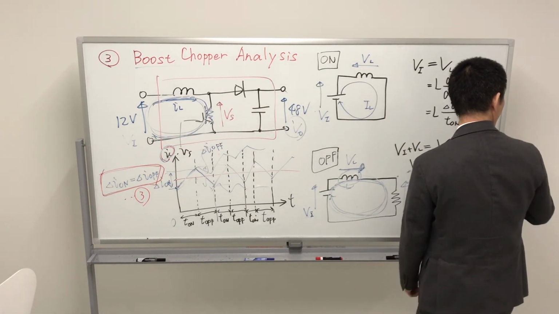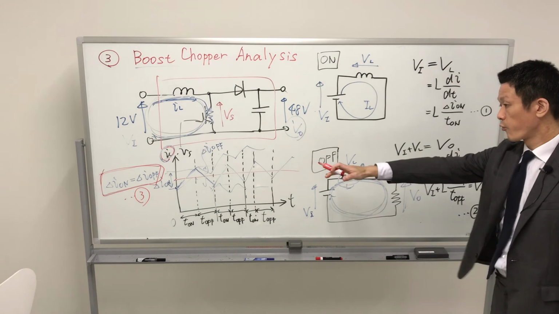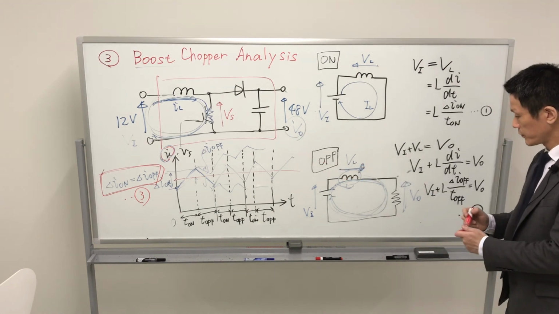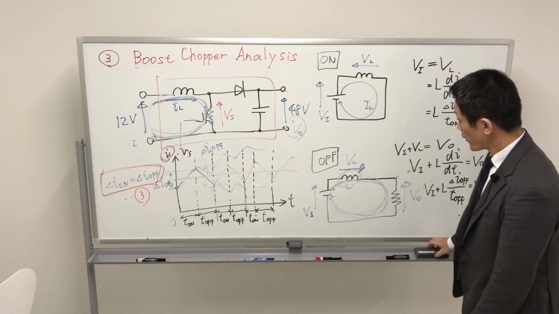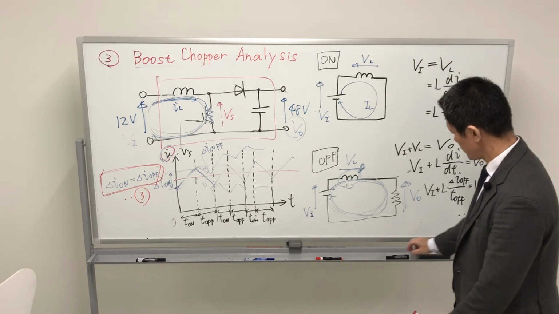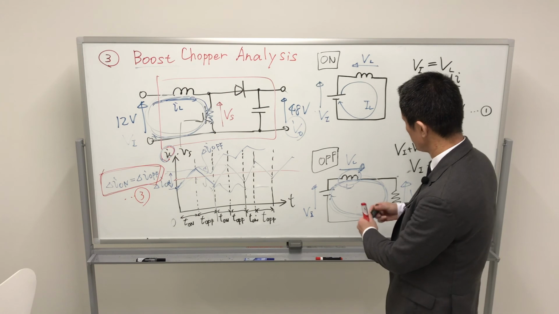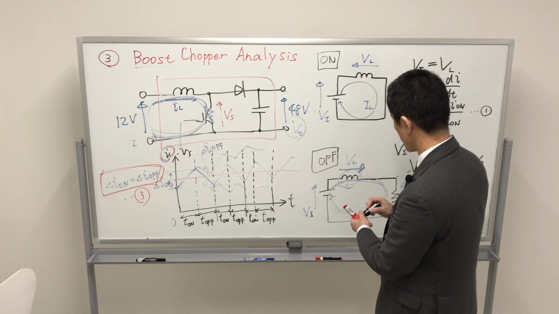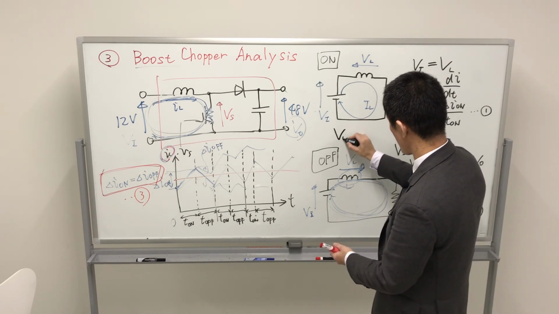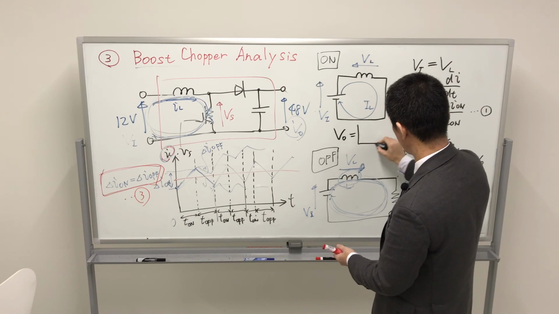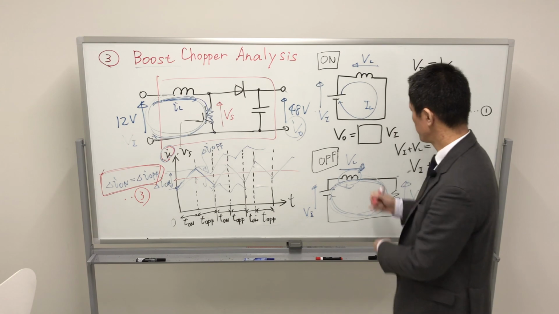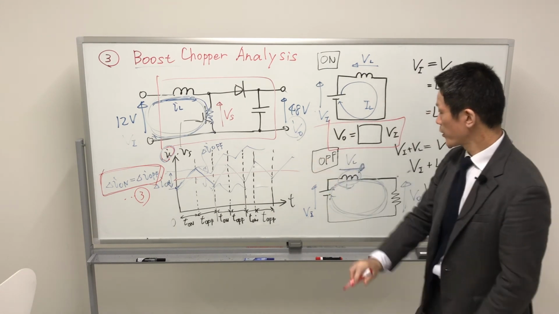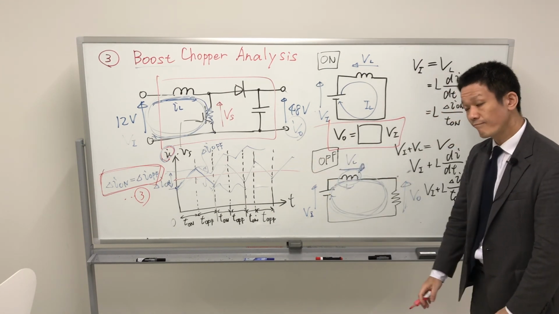Using the equations 1, 2, 3, please calculate V out equals V in times something. Please obtain this equation, okay?